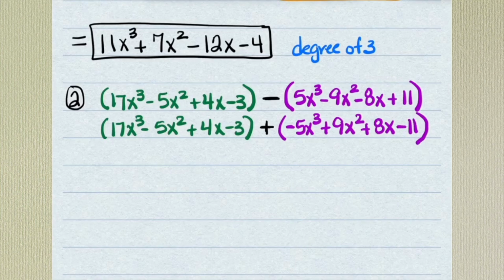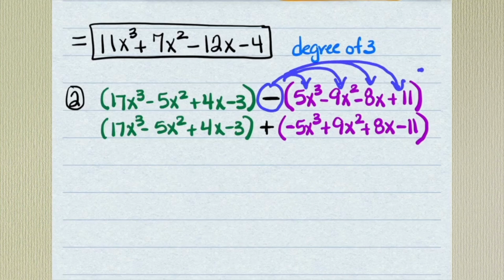So what we did, we took the minus sign and applied it to every term in the parentheses. When we did that, this became negative, this became positive, that became positive, and that became negative. Y'all see that? The signs became opposite of what they were. And now we have addition.